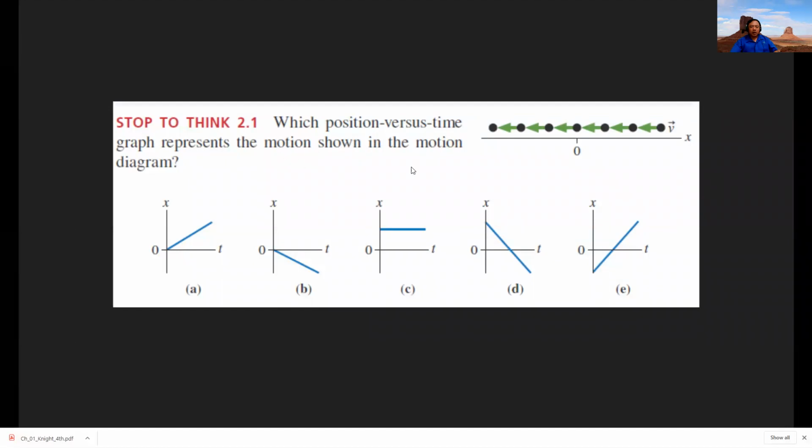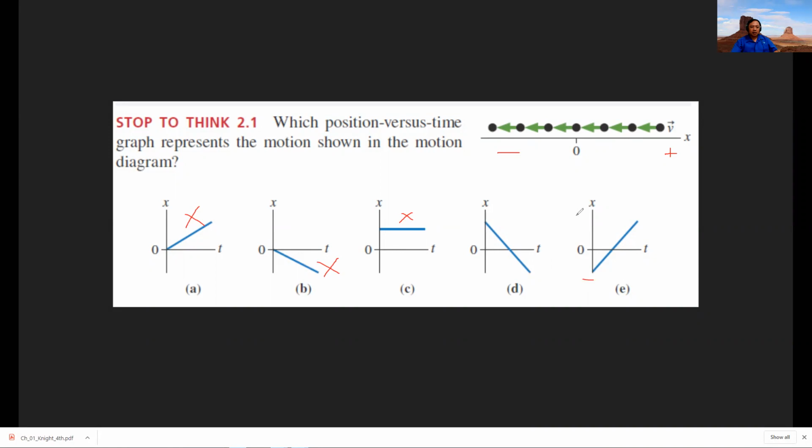Here, take note that the object started in the positive x position, then passes through 0 to the negative x position. So this one starts with 0, which is already wrong. This also starts with 0, wrong. This one is only positive, it doesn't pass through 0, so it's wrong. So between D and E, take note, E starts with negative.